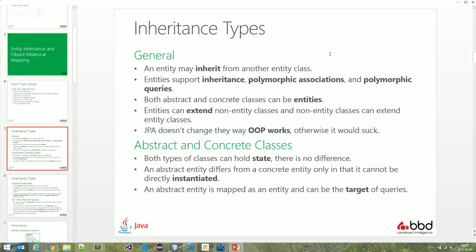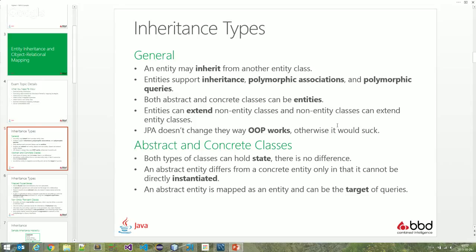It can be abstract or concrete classes, doesn't matter. You can extend non-entity classes, or the other way around. And the main thing is, you can still do normal OOP stuff. If you couldn't do object-oriented programming, the whole thing around JPA would be lost. It wouldn't make sense.